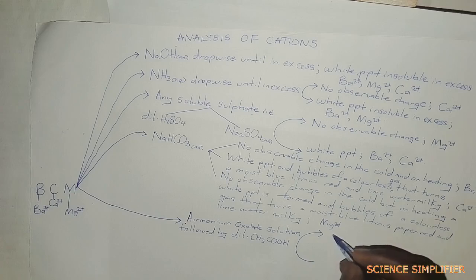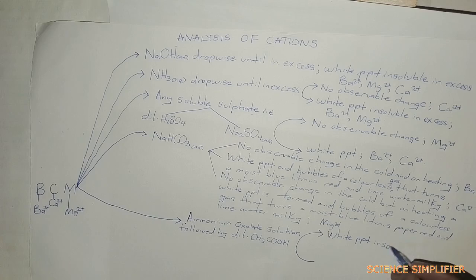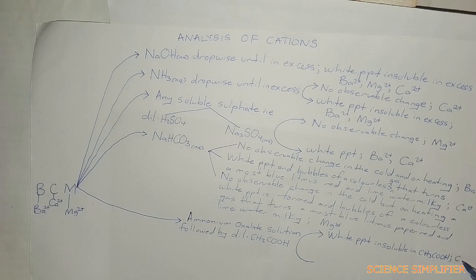At first, you can obtain white precipitate insoluble in acetic acid. Just know, at that point, you just confirm calcium ions.